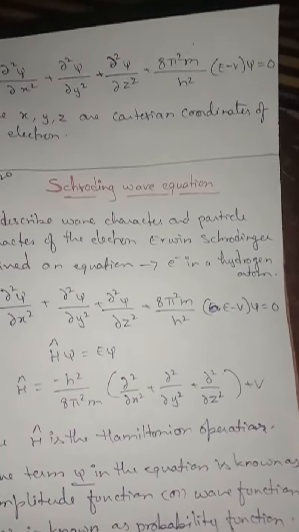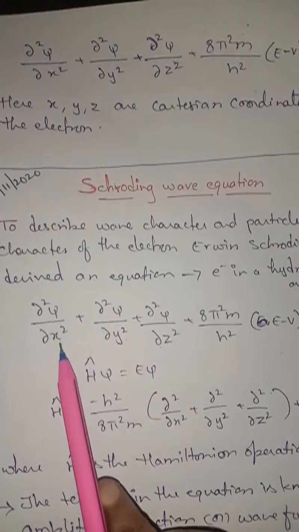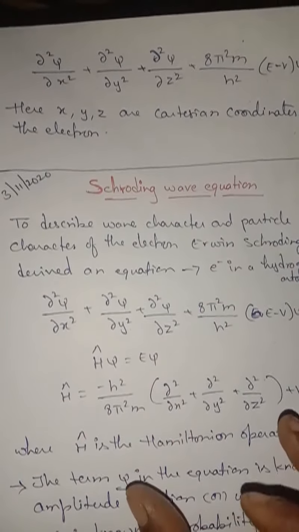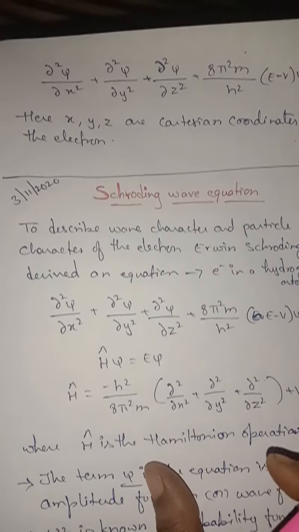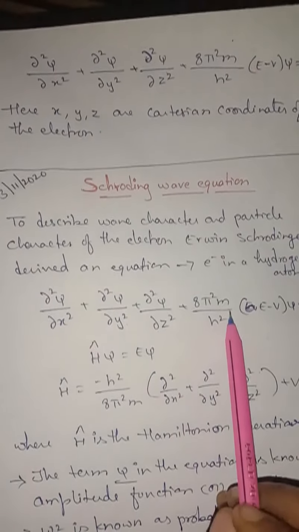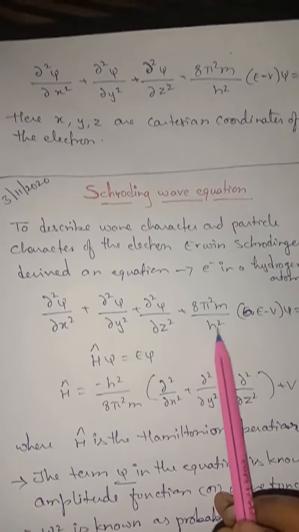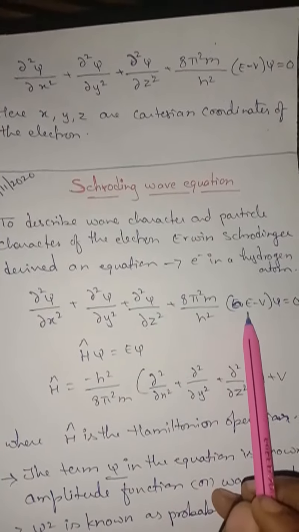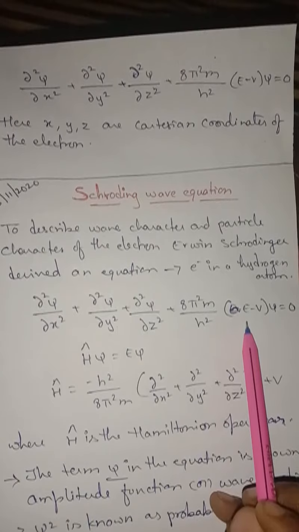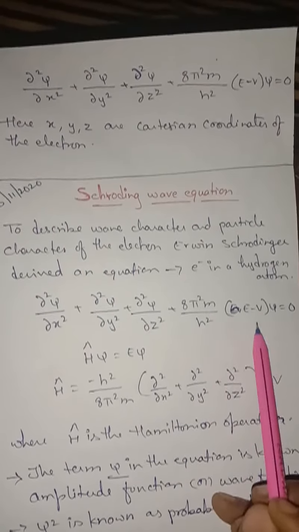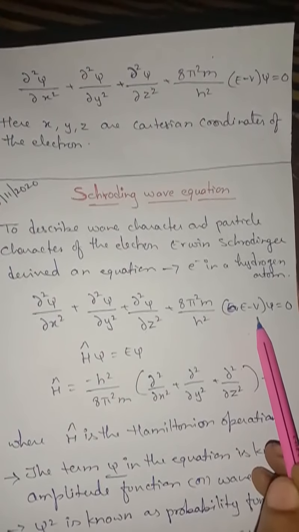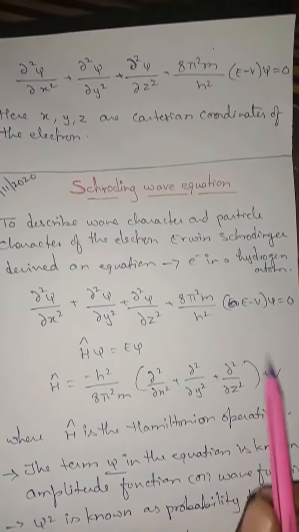Here x, y, z are nothing but Cartesian coordinates of an electron, m is the mass of an electron, h is Planck's constant, and E is the total energy of an electron. Total energy means kinetic energy plus potential energy, and V is the potential energy of an electron.